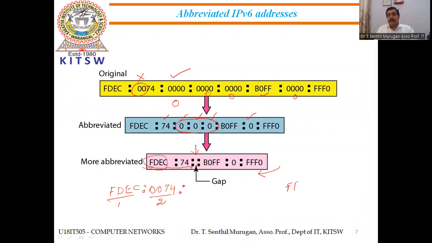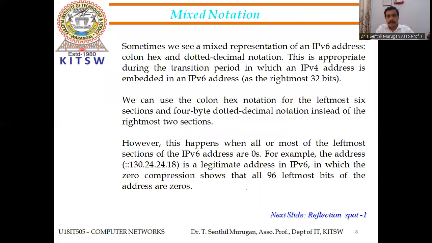Right side, again FFFF, then colon 0 is there, instead of that we will write 0040. Then B0FF is there, colon. So in between, how many zeros are there? We don't know. So here now, 2 blocks over, third block over, fourth block over, fifth block over. So total 8 blocks. So 8 minus 5, 3. So in 3 blocks we can include the zeros. Okay, like that you can expand the IPv6 address.